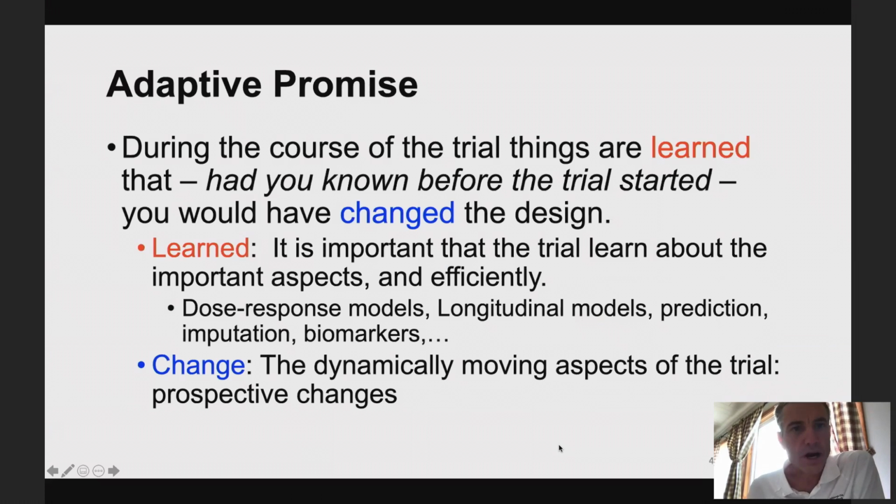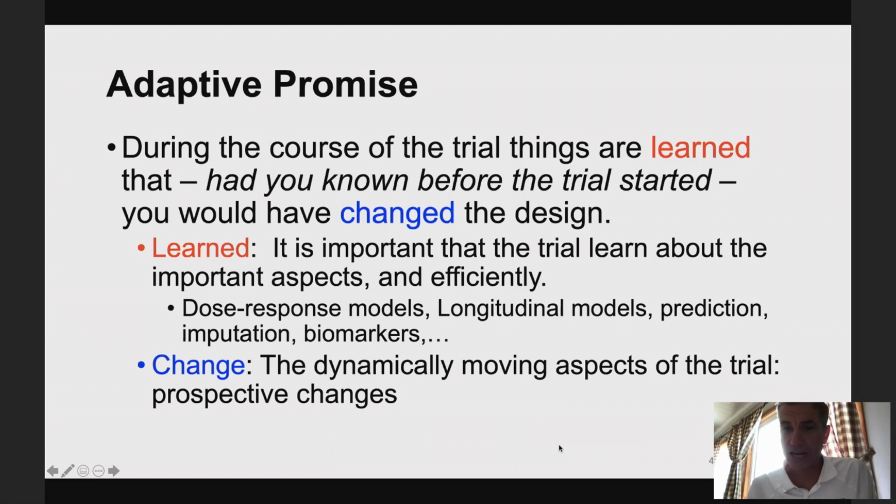Why is this promising? The traditional way you design a trial is you construct the trial design with everything you knew before the trial started. If there were other things you knew before the trial, you would have designed a different trial. You would have enrolled different patients.